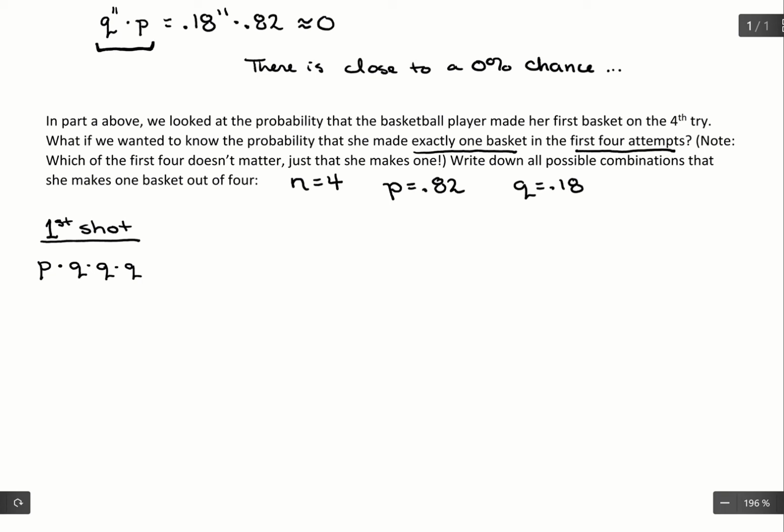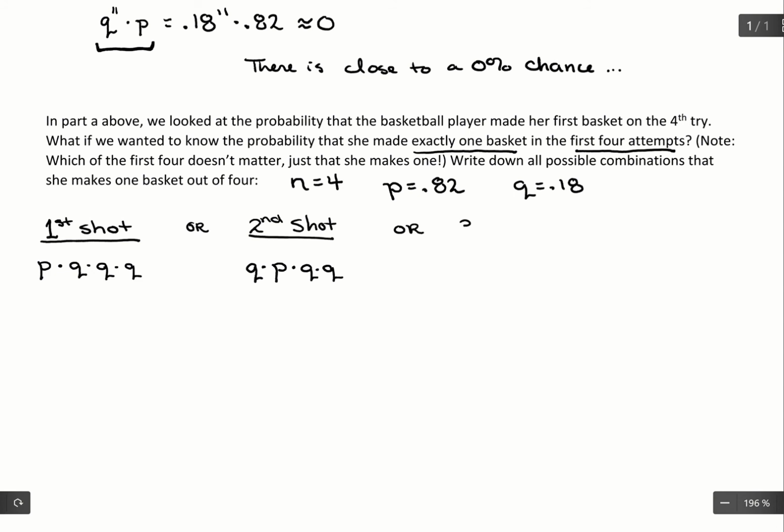So this matches up with making exactly 1 basket in 4 attempts. Or she could have made it on the second shot, meaning she missed the first shot, then successfully made it on the second, and then missed the next 2. So this is the idea of 4 free throws and making it 1 time.